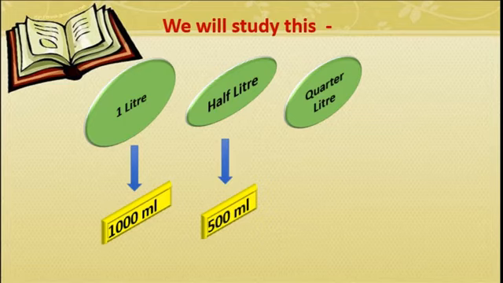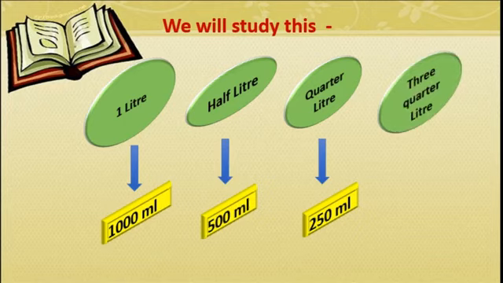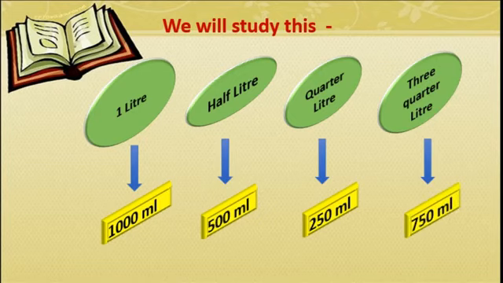Quarter means half of half liter, or half of 500 milliliter, that is nothing but 250 ml. Now here 3/4 liter means 3 times quarter liter. 3 times 250, 3 fives are 15, that is 750 ml. That is called 3/4 liter. Got this, students?